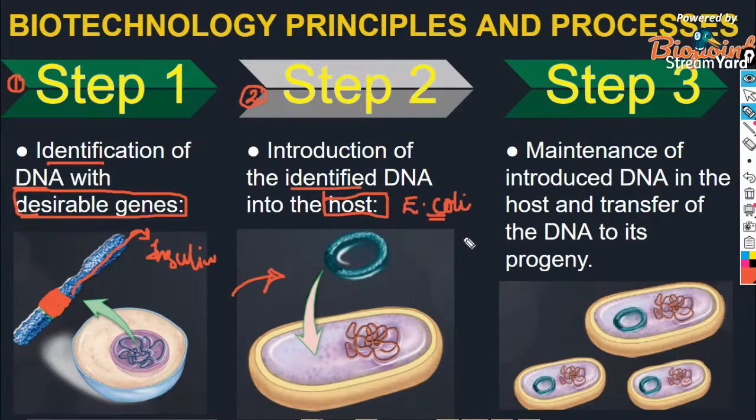Can you please tell me on the chat box, what is the reason? Just have a guess. Why are we using E. coli instead of other species of monerans as the common host in the process of biotechnology?